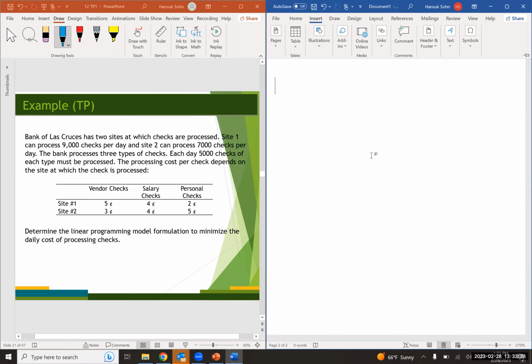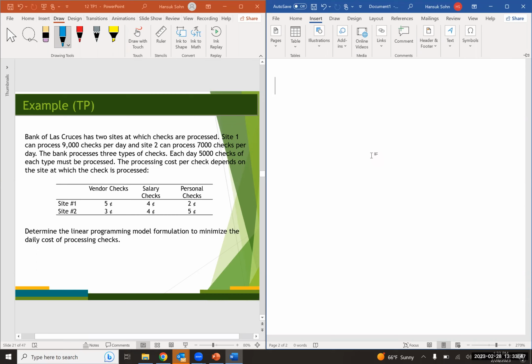So in our transportation model, let's use the processing sites as the sources and the check types as the destinations. Okay.